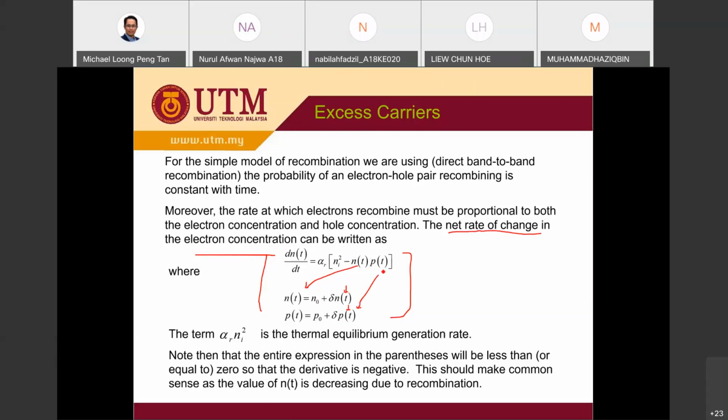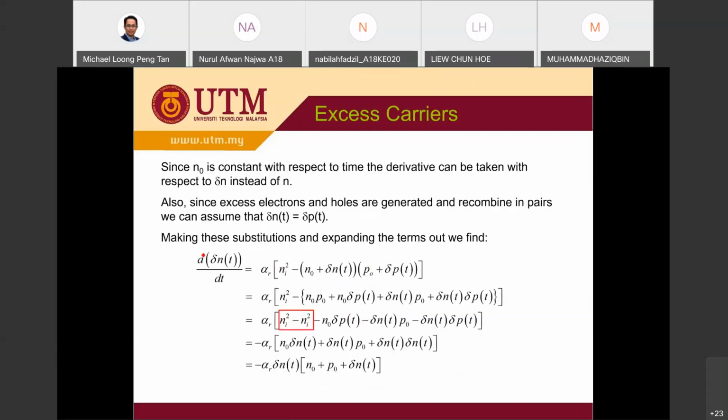So they say the intrinsic term minus this, with respect to time. And if you multiply them by this alpha r here, you multiply inside. This is what I'm going to explain later on.